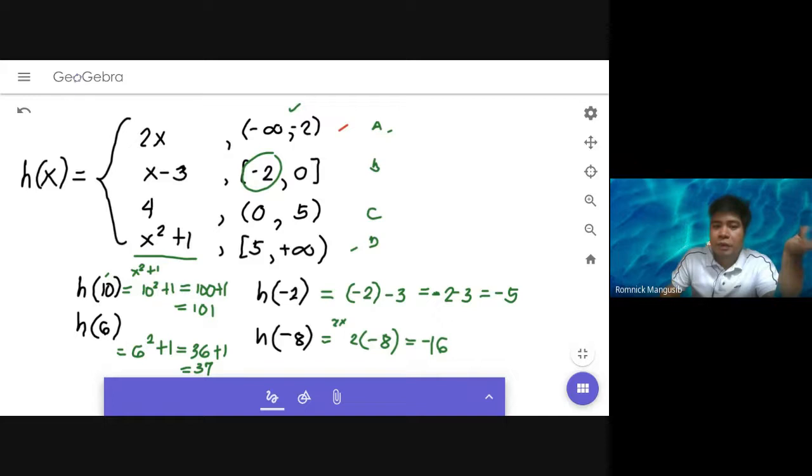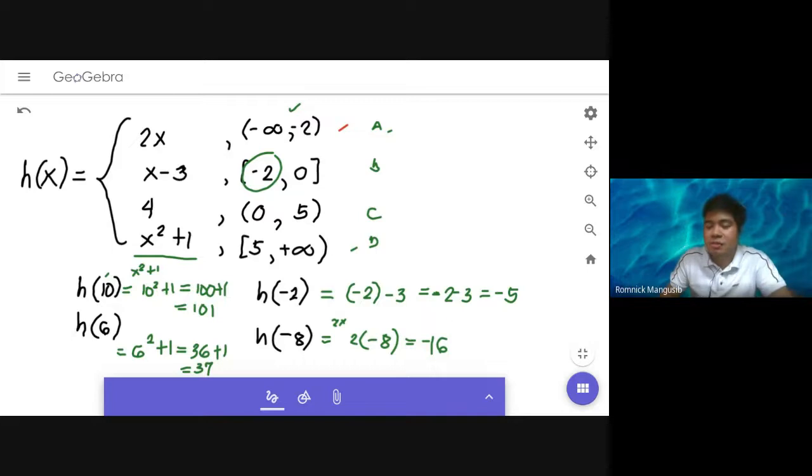Negative 2 is part of the interval with subfunction x minus 3, making it true that we have negative 2 as we substitute minus 3 gives us negative 5. Negative 8 is found on the interval letter A because that is less than negative 2. We use 2x, so we let x be equal to negative 8, which now gave us negative 16.